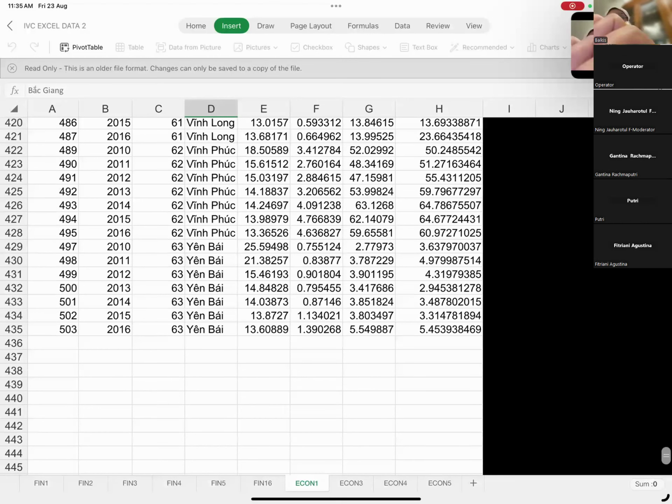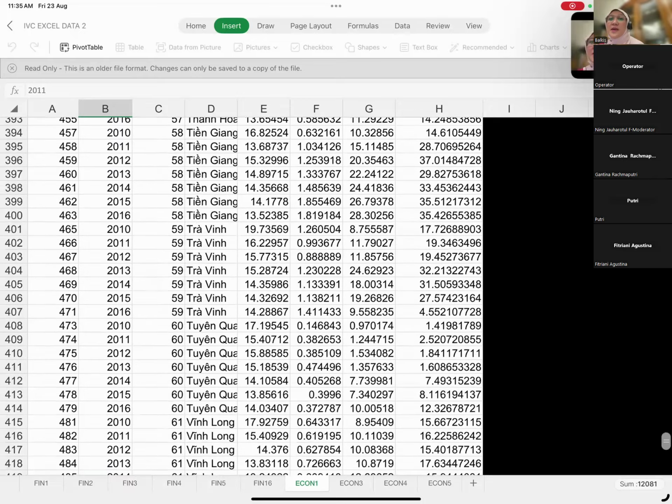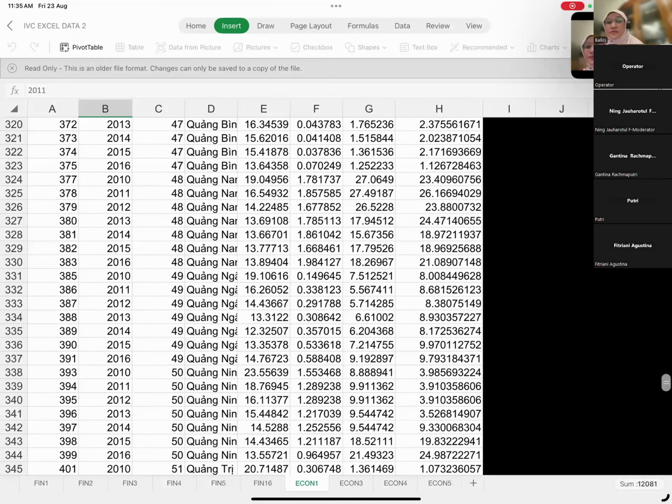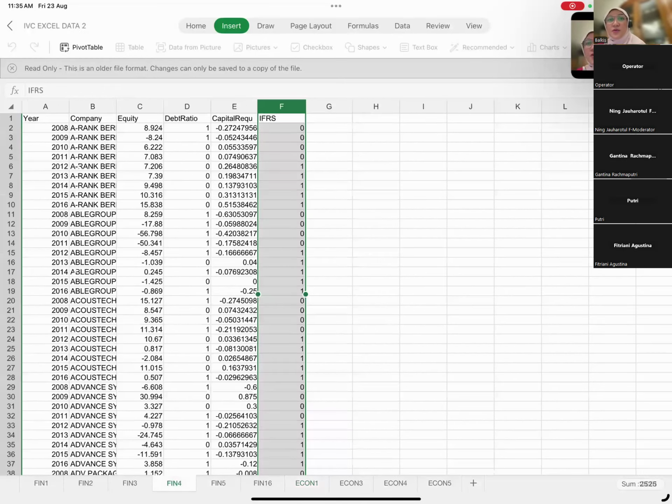Yeah, has several districts. So from that district, for several years, district is the entity, years is the time. Therefore, we have panel data here. Okay, panel data. So these are all the balanced panel data. We have also unbalanced panel data.